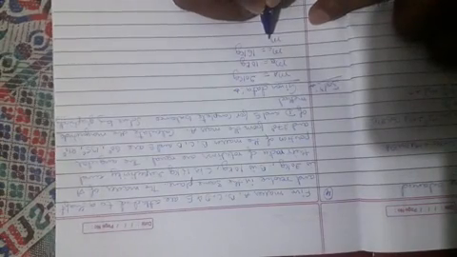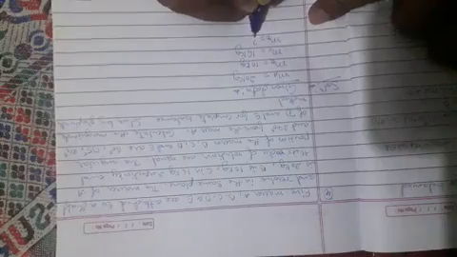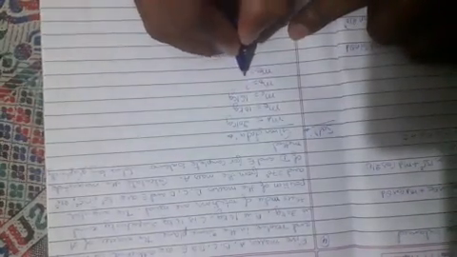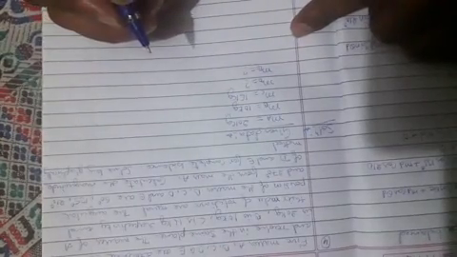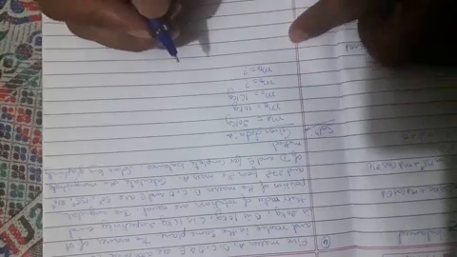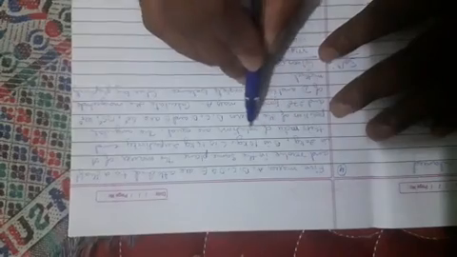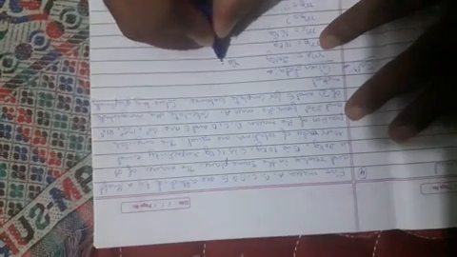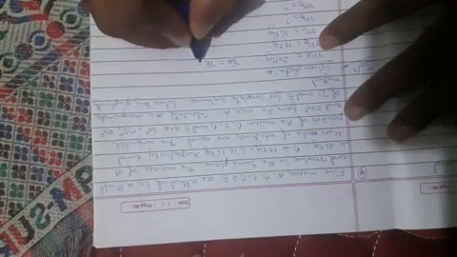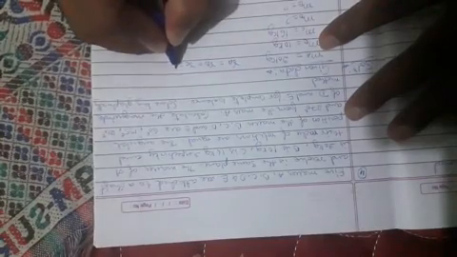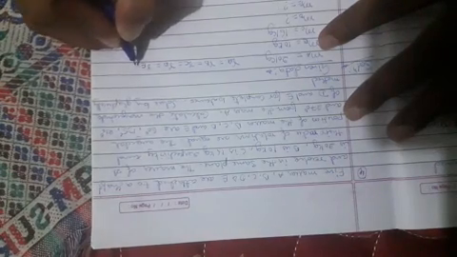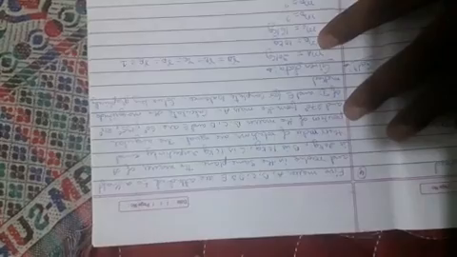M D is not given, so it is required to calculate. Similarly, M E is also not given, so it is required to calculate. But one thing, their radii of rotation are equal. That means R A equal to R B equal to R C equal to R D equal to R E, that is equal to 1.